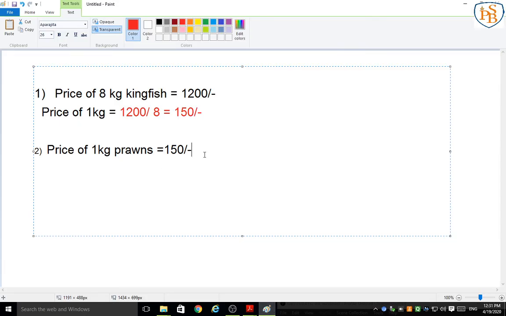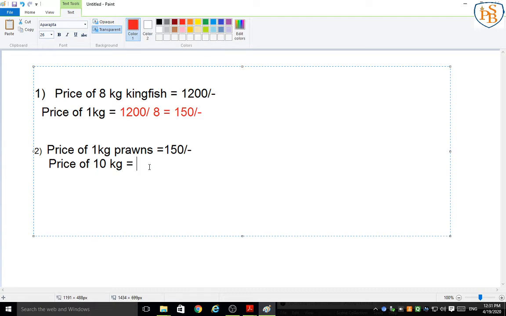So now we have to find out the price of 10 kg is equal to, students, how are you going to solve?